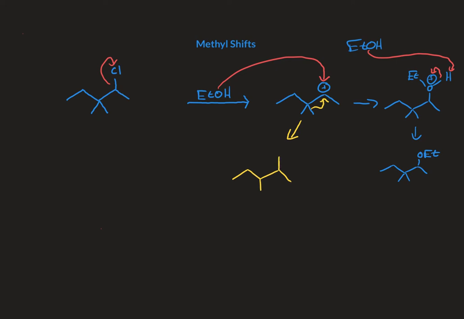And now this carbon has 4 bonds. It's happy. This carbon lost a bond. It needs a charge. After that, ethanol can come in and attack the now tertiary carbocation.